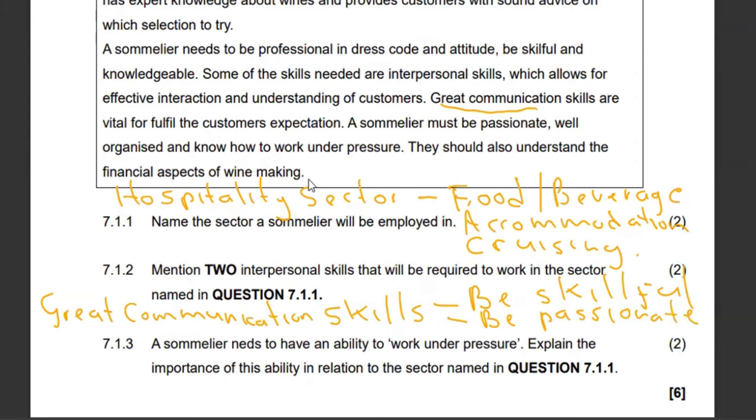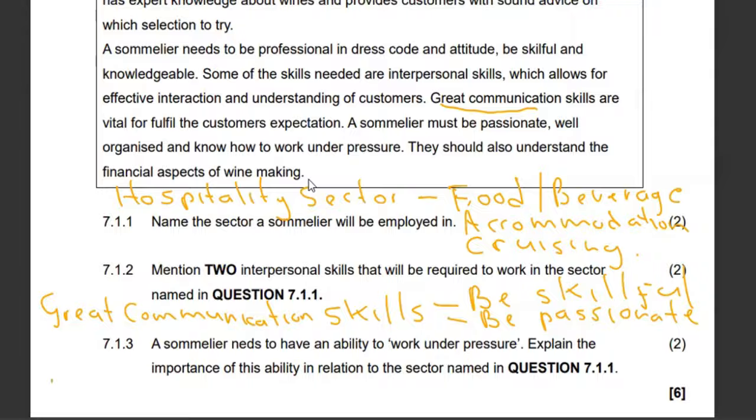Then 7.1.3, a sommelier needs to have an ability to work under pressure. Explain the importance of this ability in relation to the sector named in question 7.1.1. All right.